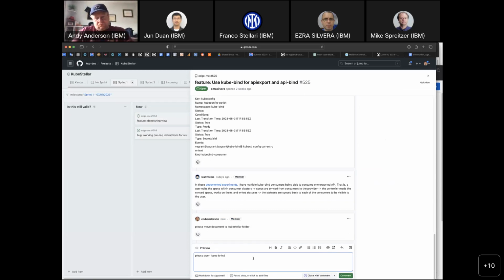So we need to think about how to do that. Can we do it in steps and so on? Probably yes, but that's the target. June tested it on some external stuff, and now we need to integrate it into the KubeStellar flow. So, okay.